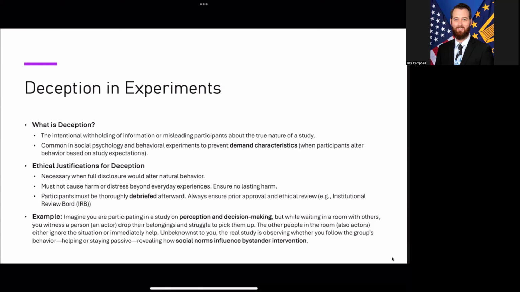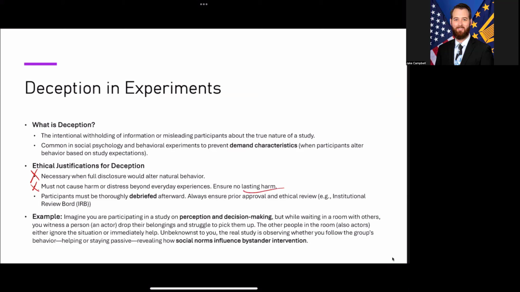It is not impossible to have deception in experiments. IRBs, institutional review boards, can approve deception, but there are considerations, right? If it is necessary because full disclosure would alter someone's natural behavior, you need to be sure of that. You need to be able to explain why you believe that to be the case. You still must not harm or distress the individual beyond an everyday level of experience.